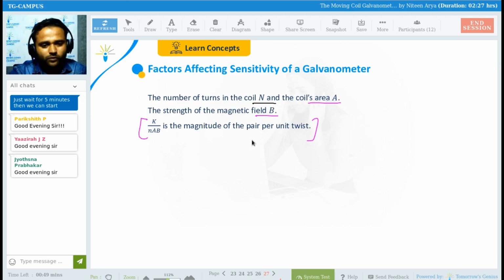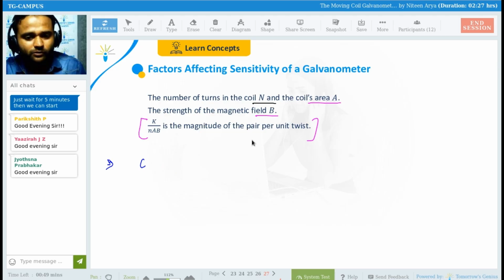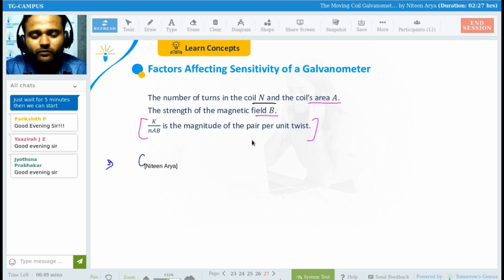Now let's talk about current sensitivity and voltage sensitivity all together.